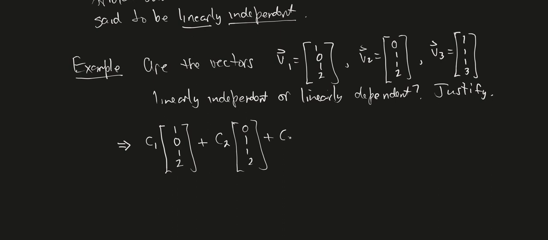Right? That's what it means. And notice we have three vectors here. These are four-dimensional vectors. They're 4D because they have four components to them. And then what we would like to get out of this is the 4D zero vector. So can we find non-trivial constants to satisfy this?